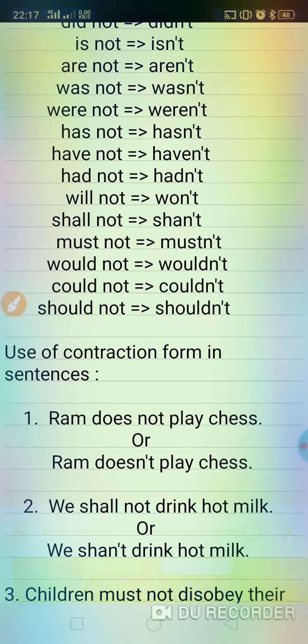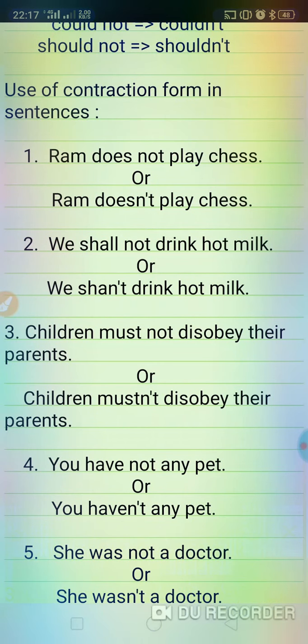Let's understand the use of contracted forms with the help of given sentences. Here, the sentences have been given in two ways, as Ram does not play chess or Ram doesn't play chess.